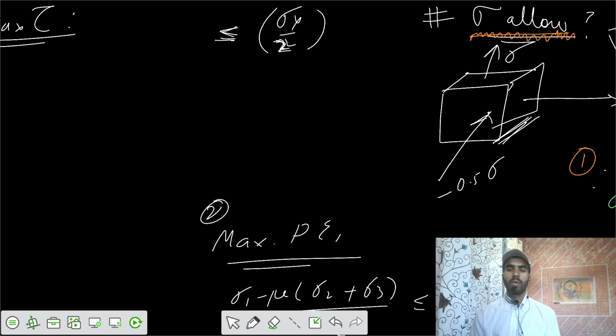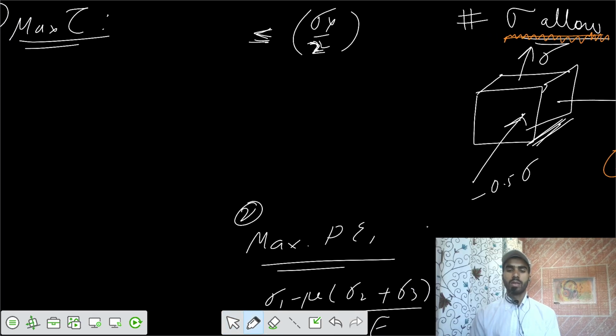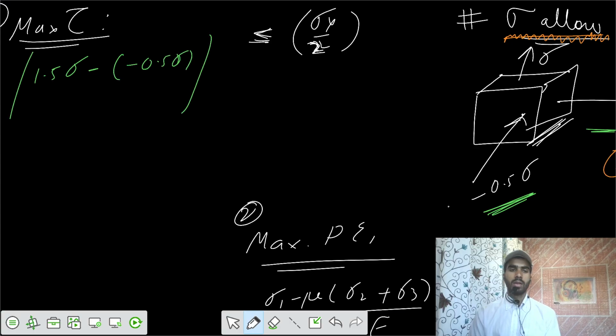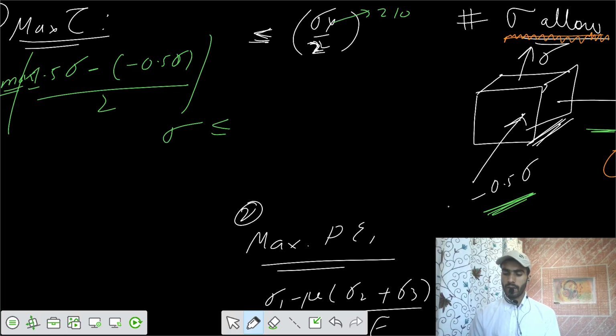We would prefer sigma 1, 1.5 sigma minus of minus 0.5 sigma, by 2, this one would give more result. That is the maximum out of all those combinations. So sigma should be less than or equal to, the value of sigma y was 210, so you get sigma equals 105 megapascal.